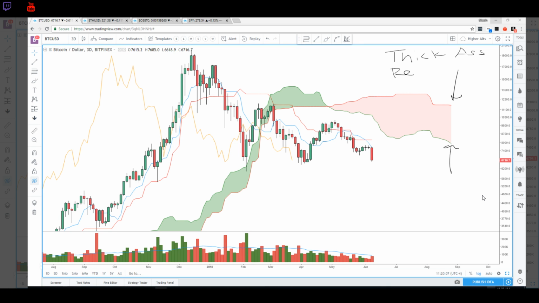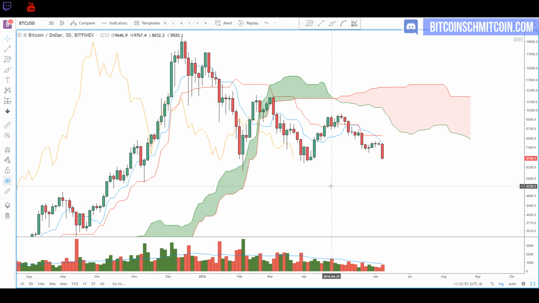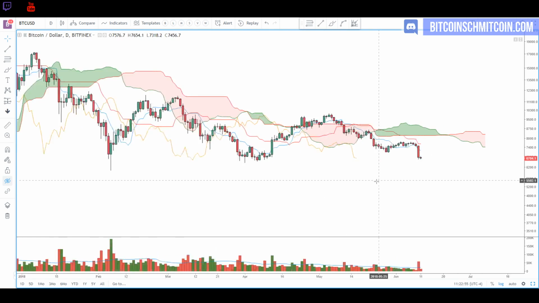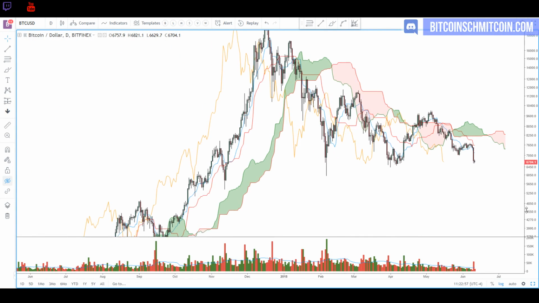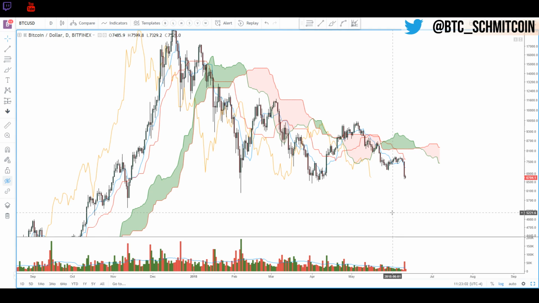Okay, so that brings us to the daily candles. Let's go to the daily candles. During consolidation periods, the cloud's not really a great performer.